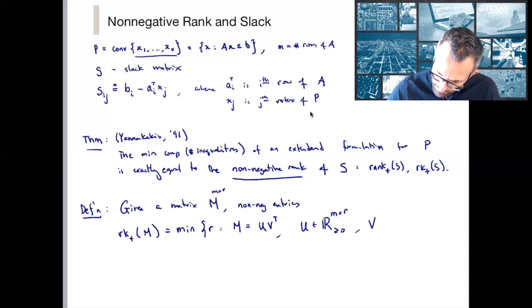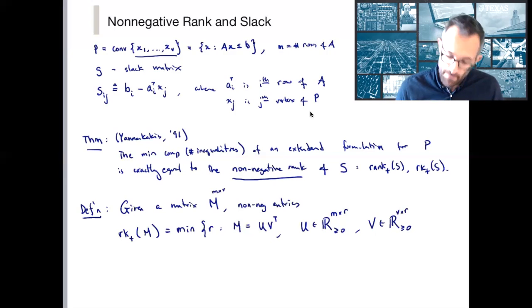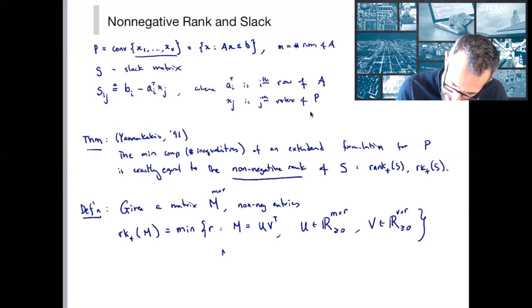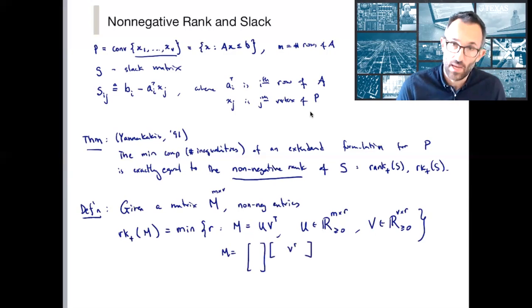And V is going to be V by R, non-negative. So again, pictorially, this means that M is equal to U times V transpose, and the small dimension is R.